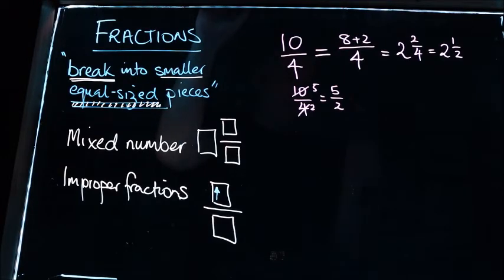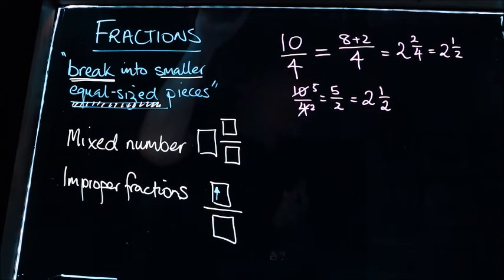And this makes life easier because I can just see that when I think about how many times 2 goes into 5, the answer there is 2 and 1 left over, so that's 2.5.